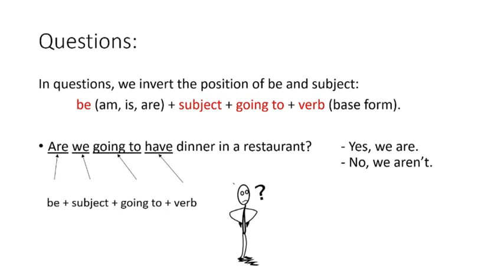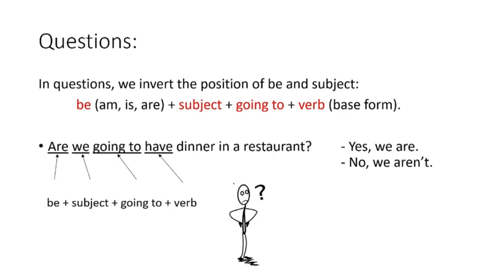So first we put be here in its form are because the subject is we. Then we put the subject, and then going to, and then the verb in its base form. This is a yes or no question actually, and we can have two short answers. Those are yes, we are, or no, we aren't.